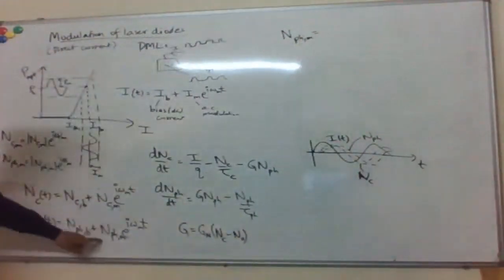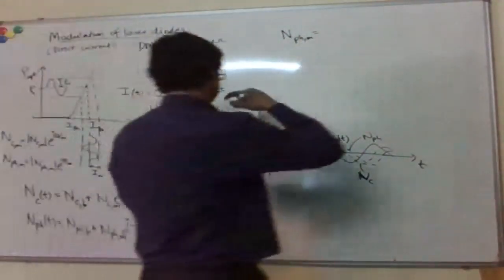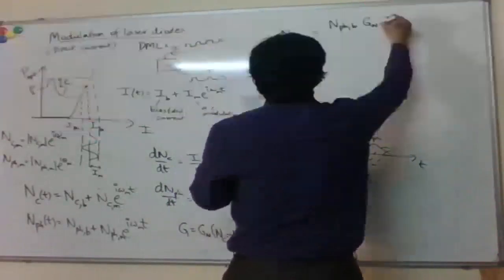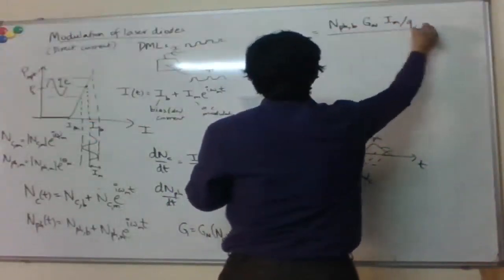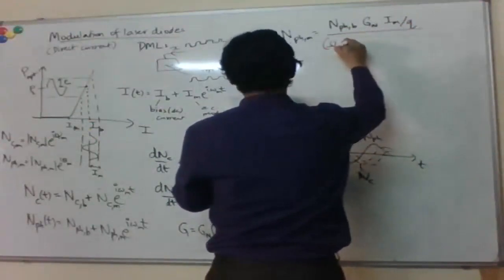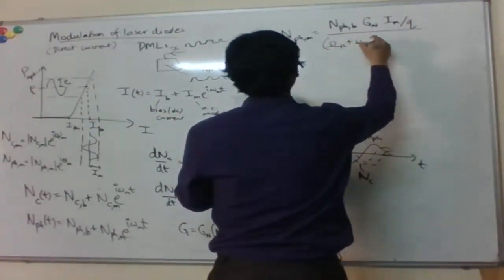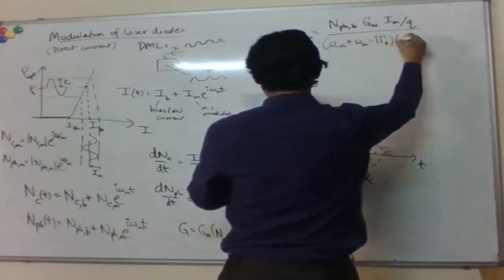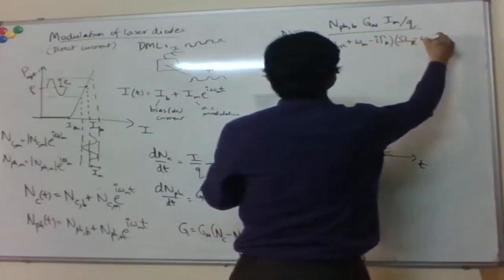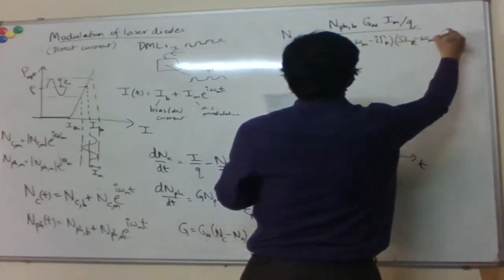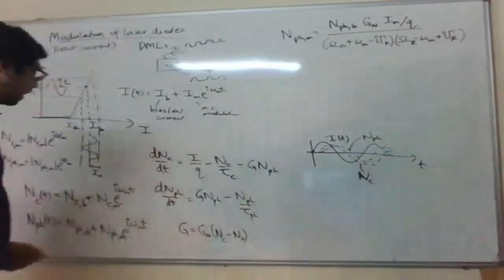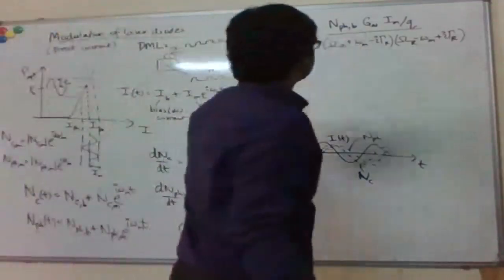If I look at the AC amplitude of the photon number, it will go something like this. Just do this at home and verify that you get an expression like this.